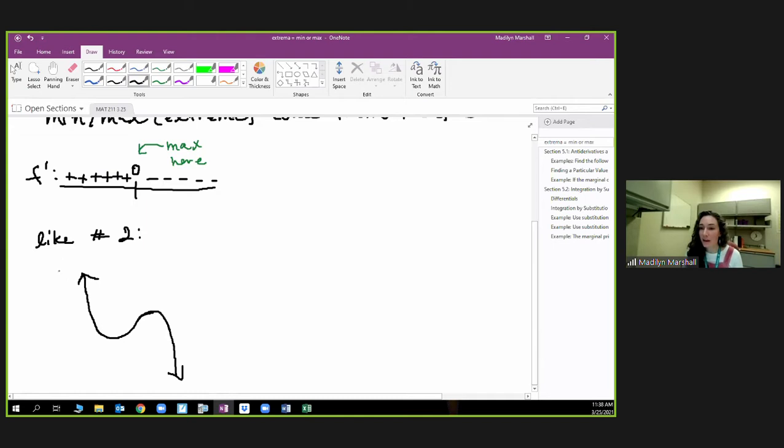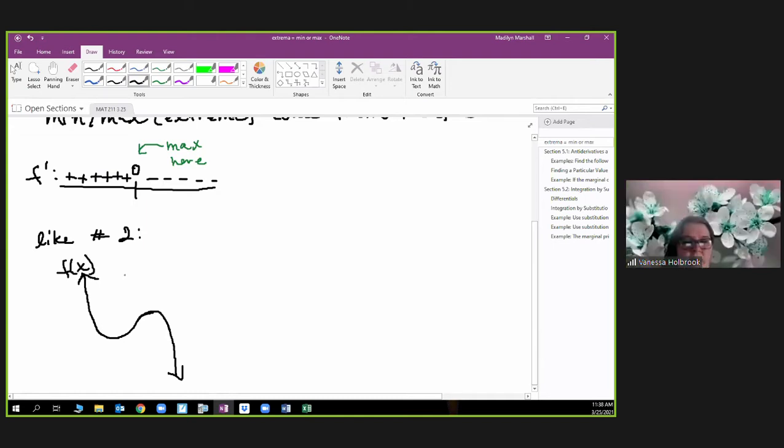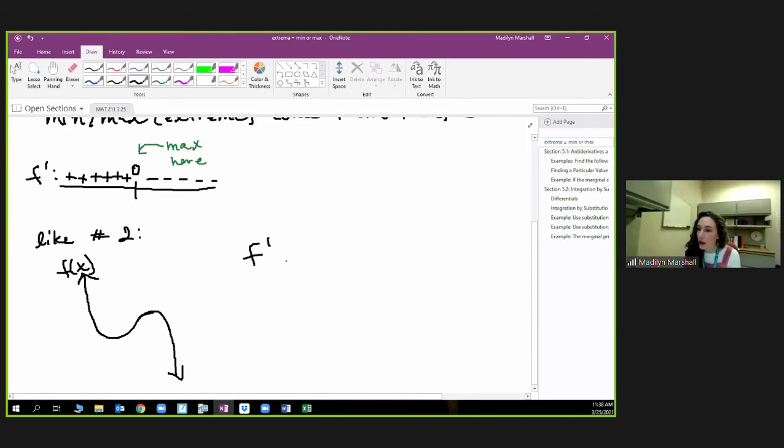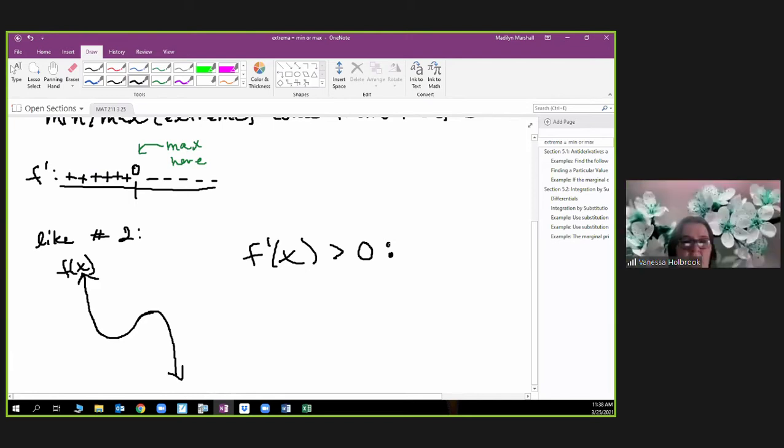So this is the function. This graph is only showing us the original f of x. What do we know is happening on the graph if f prime is greater than 0? Increasing.